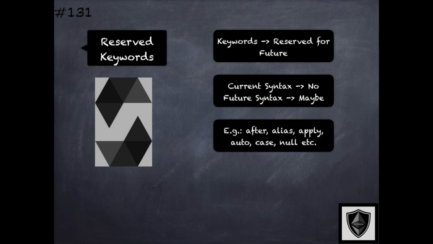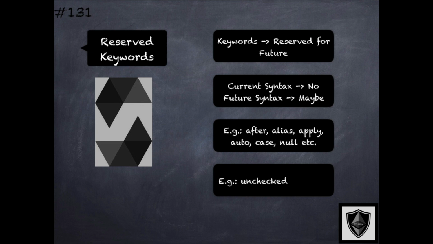Some of them are after, alias, apply, auto, case, null, etc. You can imagine why these could potentially be reserved, because they all have a specific significance in the context of programming languages or object-oriented programming languages. And Solidity anticipates that it may support features that may end up using these reserved keywords.